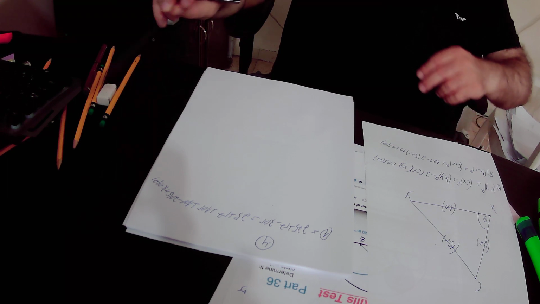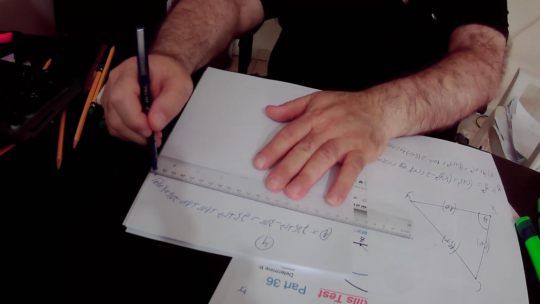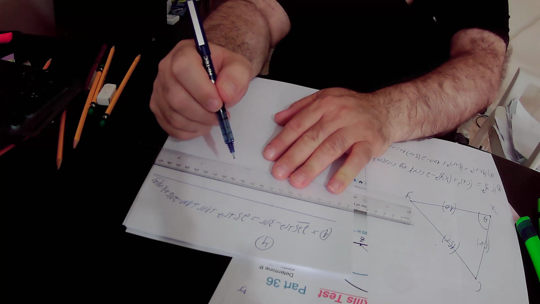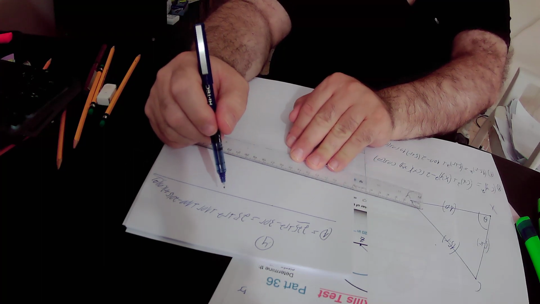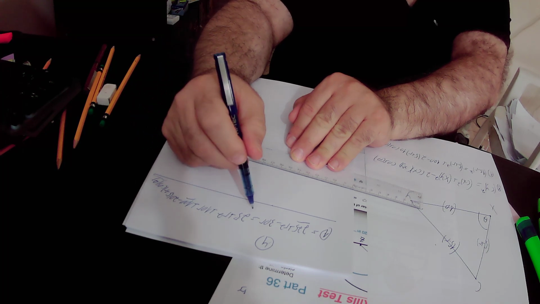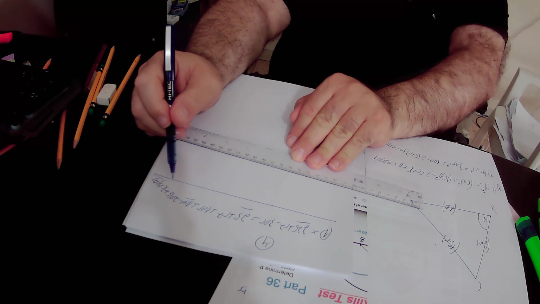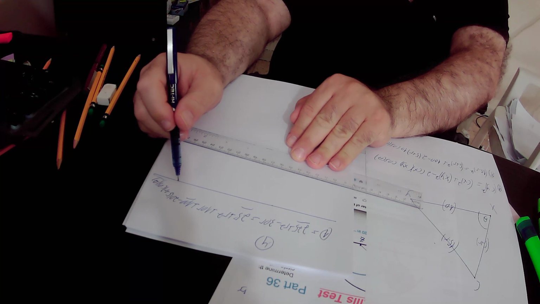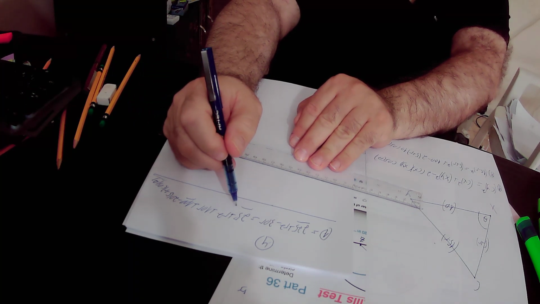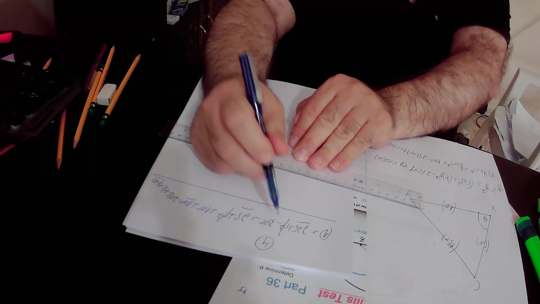So here, on this side of the equation we have 225, and on the other side of the equation we have 125. So we subtract 125 from this equation, and we also cancel r squared. We have r squared on both sides of the equation.